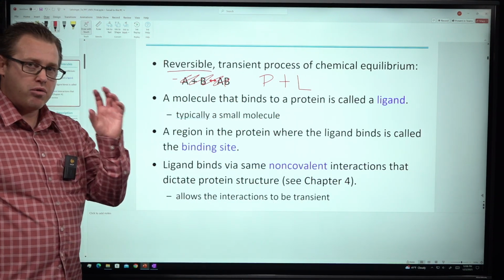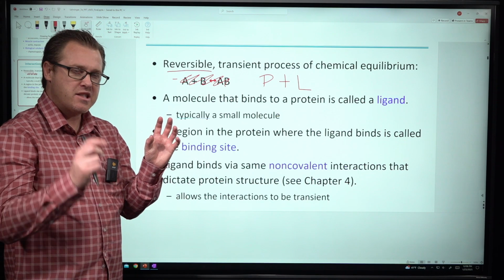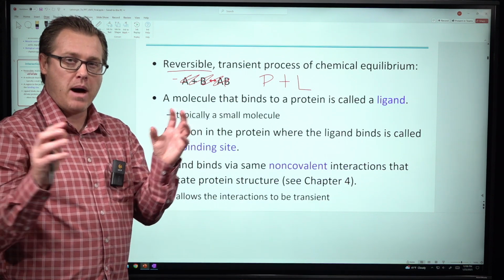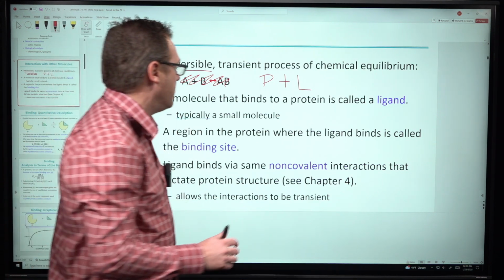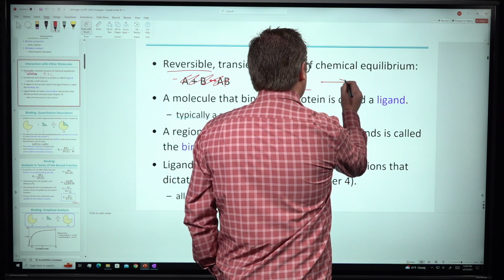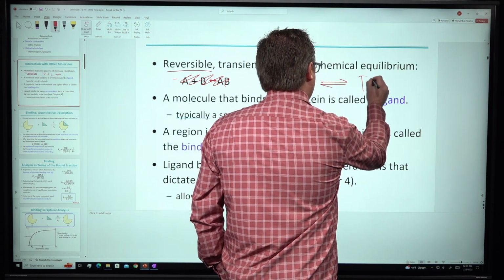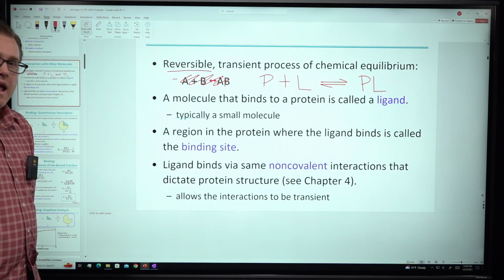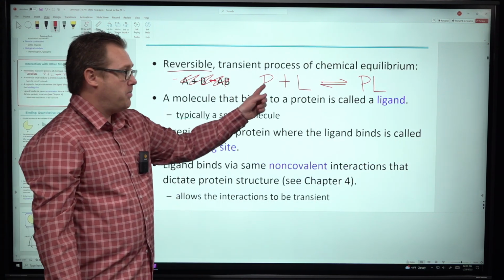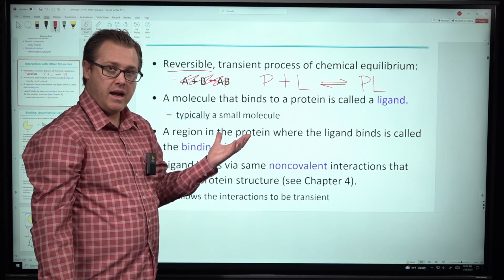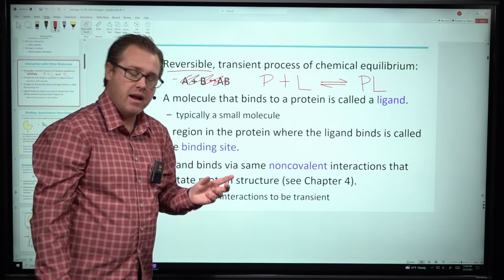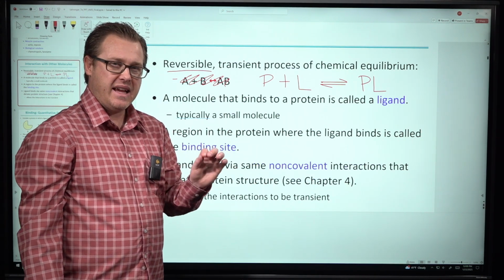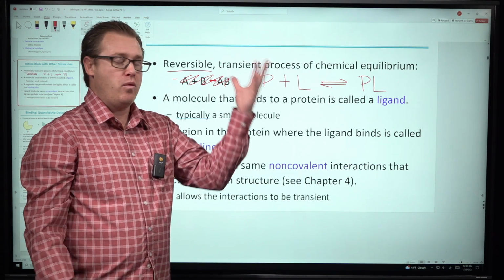When you have a protein and a small molecule that we call a ligand, and when they bind and associate to one another, it looks like this. Within P, or the protein, there's going to be a site where the ligand goes. The ligand doesn't go everywhere on the protein.